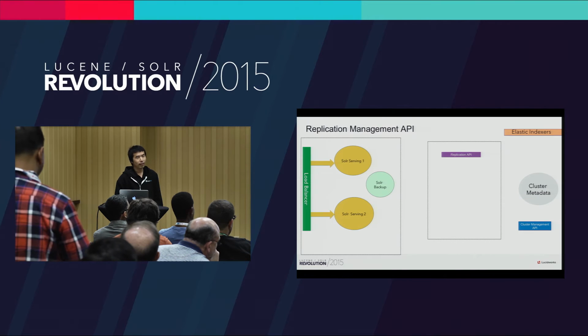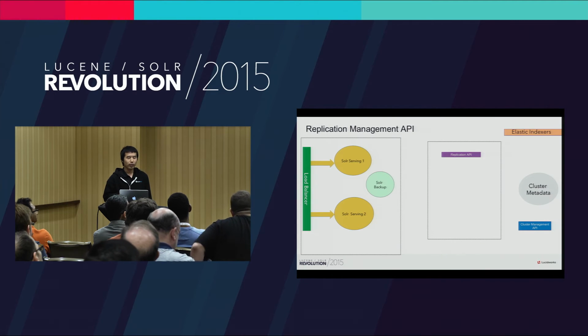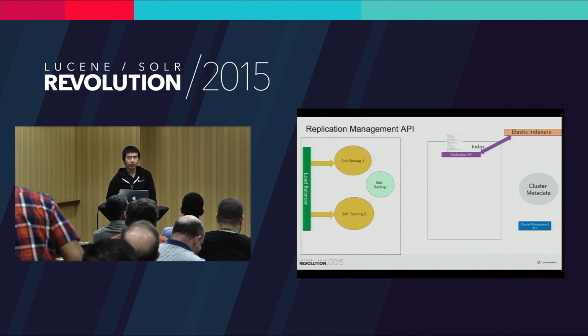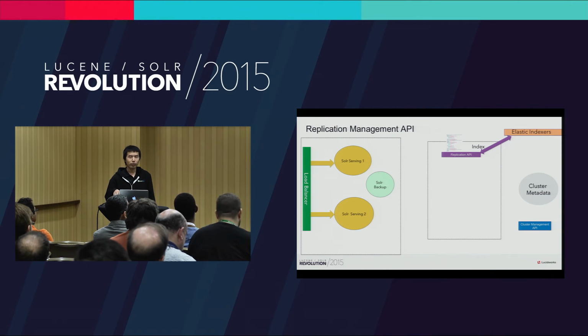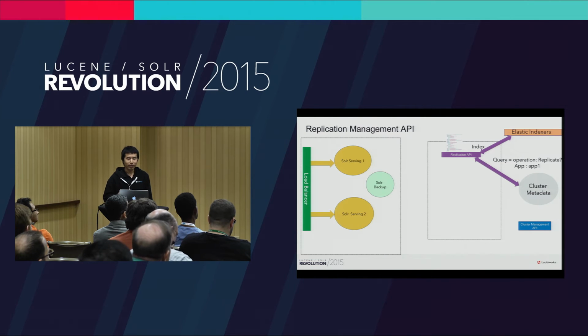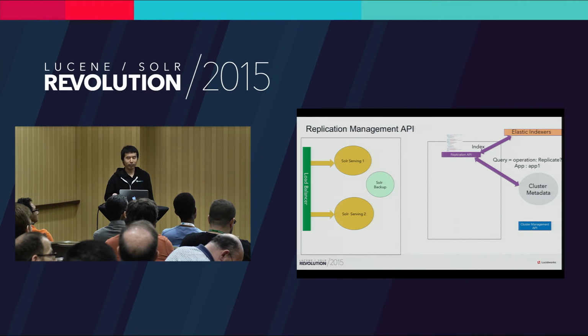So for the replication API, as I mentioned, we have a production Solr cluster, and on the right-hand side are the index clusters, which is basically just a Spot request cluster we created from the production cluster. And when they finish indexing, they want to replicate the index back. Basically, the indexers will just tell us, I want to replicate back the Snap application to which cluster, the production cluster or development cluster.